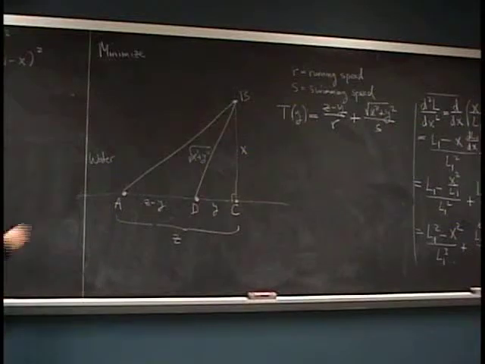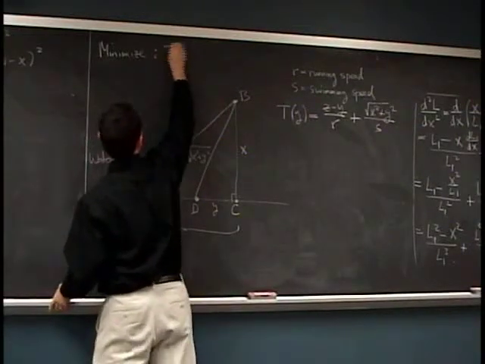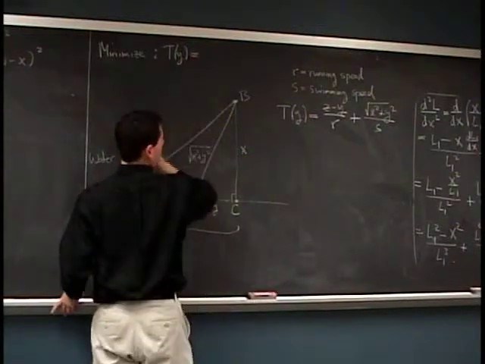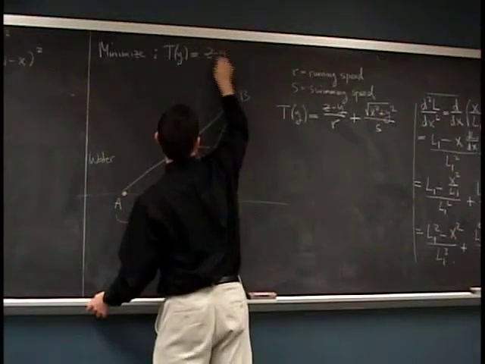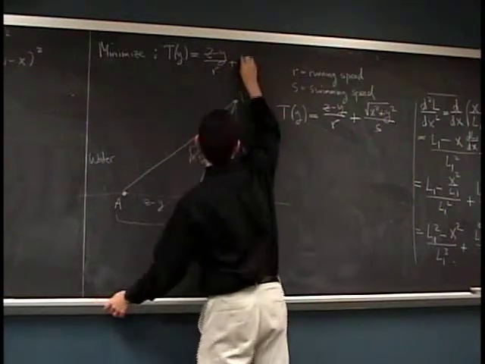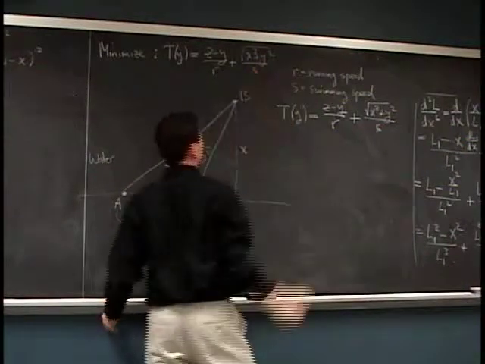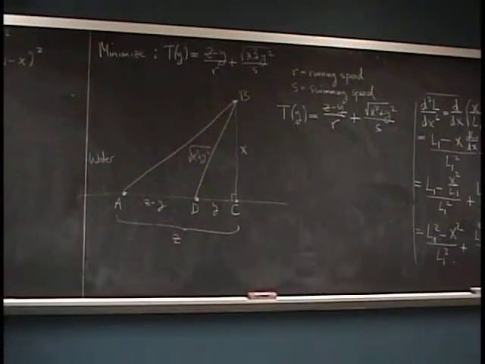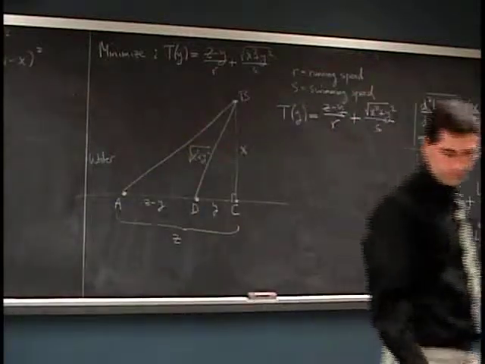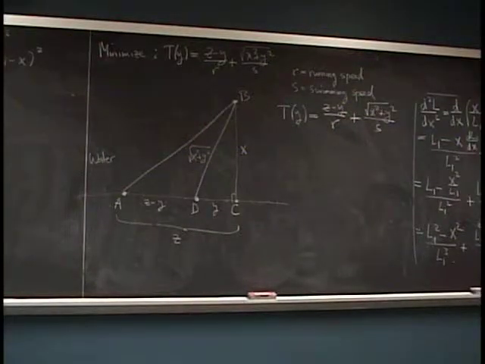And so I want to minimize t of y equals (z minus y) over r plus the square root of x squared plus y squared over s. Let's see.